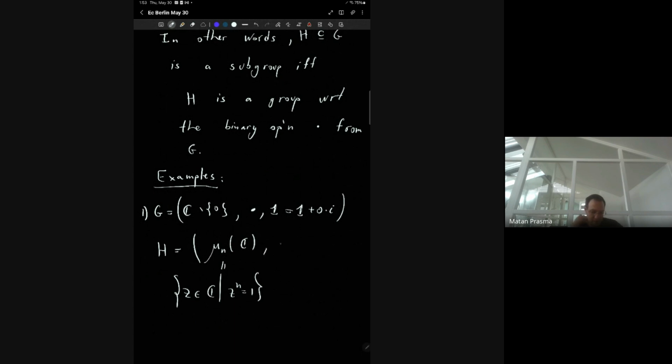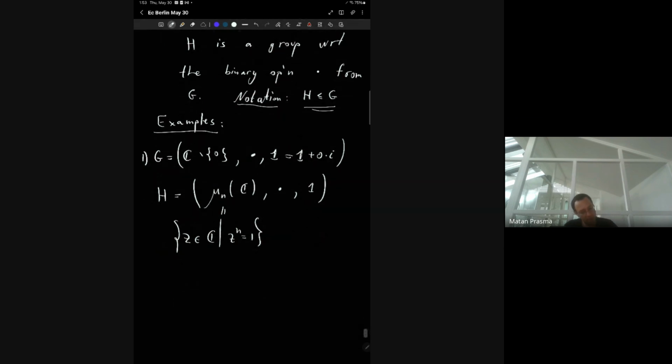And here again, I take multiplication and a unit element. I should remark on the notation. If H is indeed a subgroup of G, we write H smaller or equal to G instead of just inclusion. We write H smaller or equal to G to denote that H is a subgroup of G. So here, H is a subgroup of G.